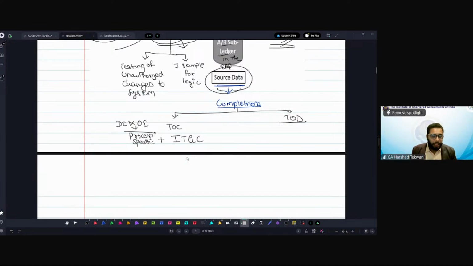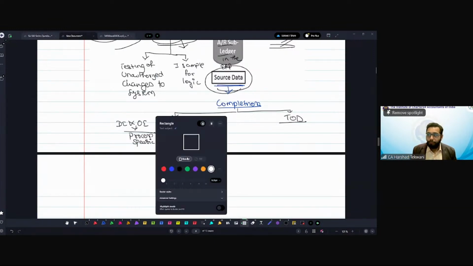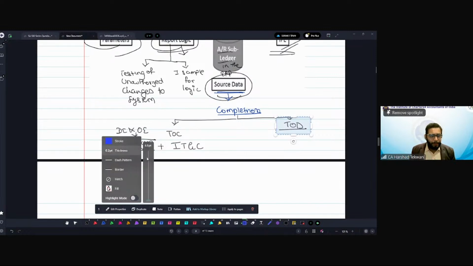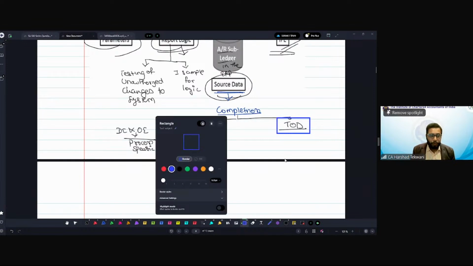The TOD that you can perform on the AR subledger, any procedure. Come on, it is pretty easy. What is TOD?